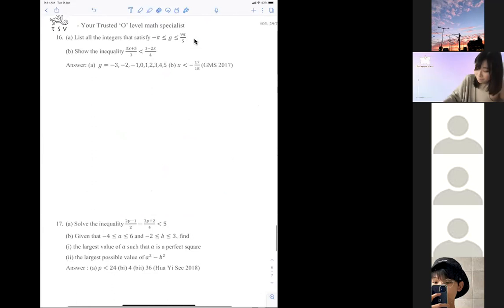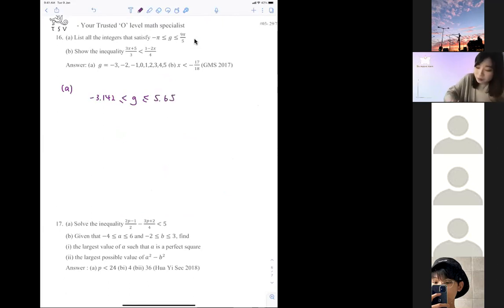All right. Let's try a few more. I will do 16a for you, okay? So if you see this pi, don't be shocked by the pi. Just put the pi in your calculator. It's 3.142, right? So 9 pi over 5, you can just key in the calculator. 9 pi over 5 will be around 5.65.